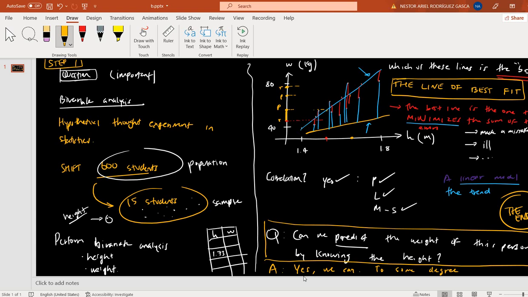And the answer is yes, we can to some degree. And how do we answer that question? By modeling or by finding the line of best fit. Once I have the line of best fit that describes my sample, then I can use it to investigate another individual that was not inside the sample. That's how it works, conceptually speaking.